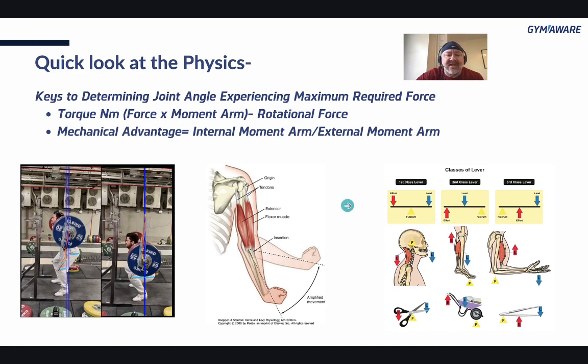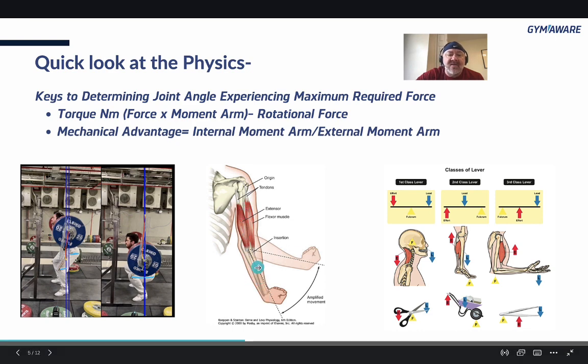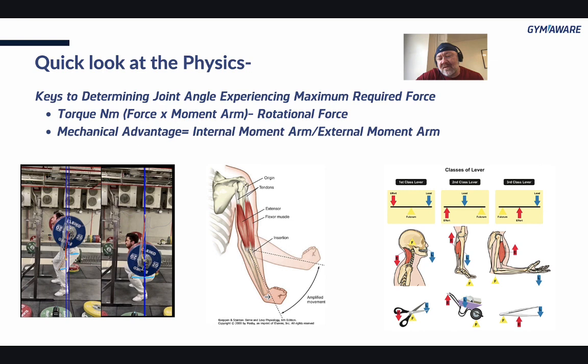Also, when you think about it, things change throughout a range of motion. So when a person starts to curl, do a bicep curl, at first it's super easy, but by the time it's at 90 degrees, the moment arm is maximized, as far as the external resistance. But it's also changing: the moment arm where the bicep crosses the elbow and attaches is also maximized.